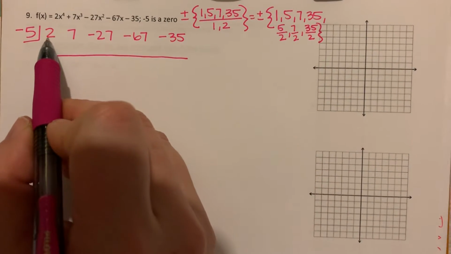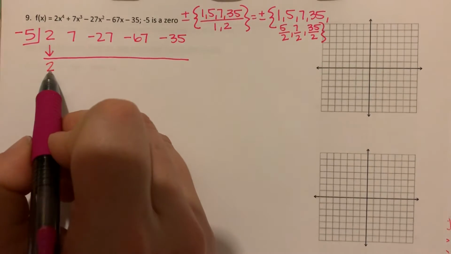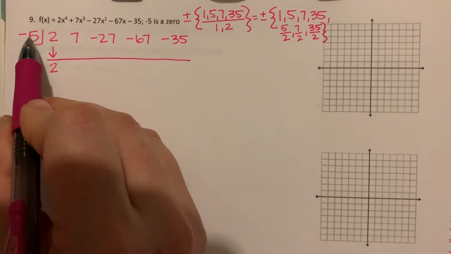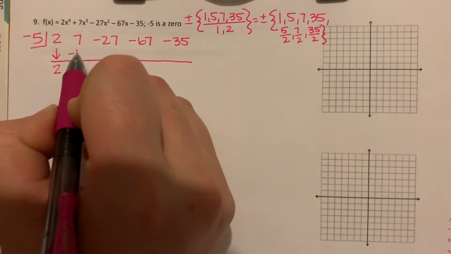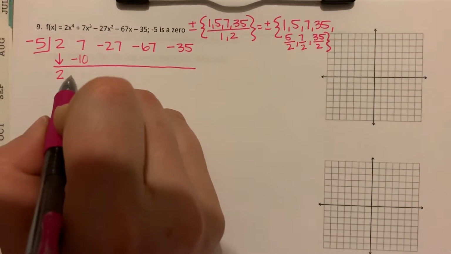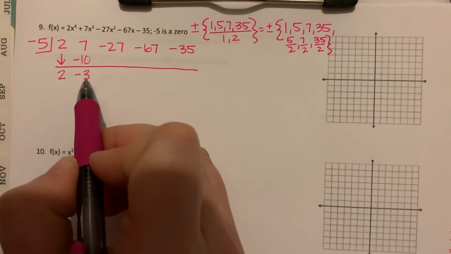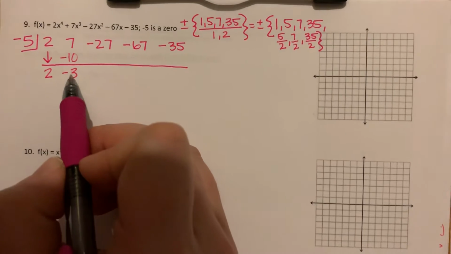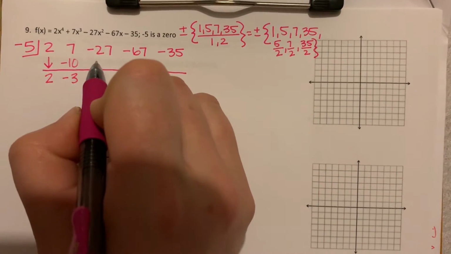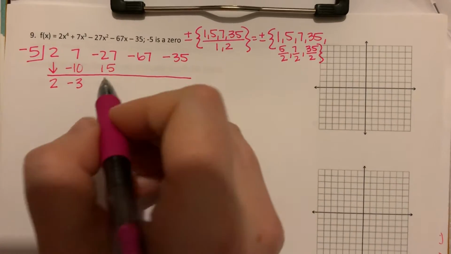When I'm doing synthetic division, I know I need to bring down the first term, multiply 2 times -5, that's -10, and then you add down. 7 plus a -10 is -3. Okay, repeat that process until you get to the end. -3 times -5 is 15.